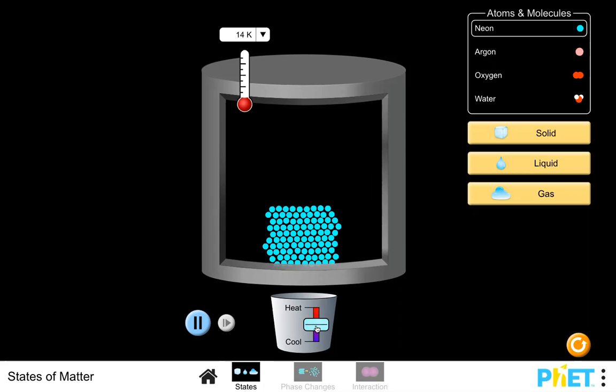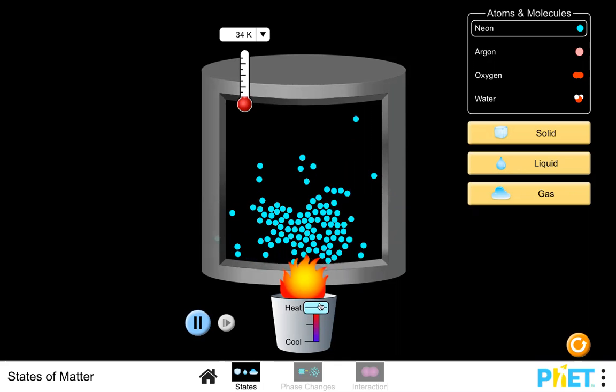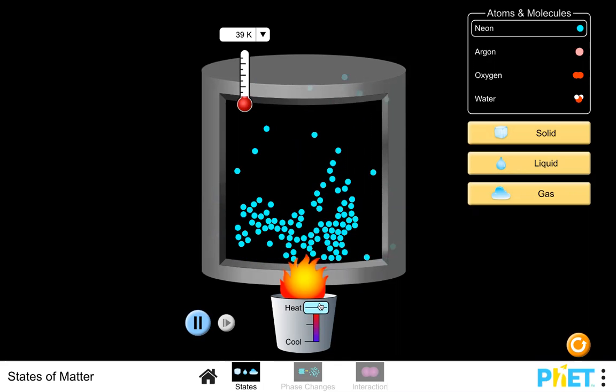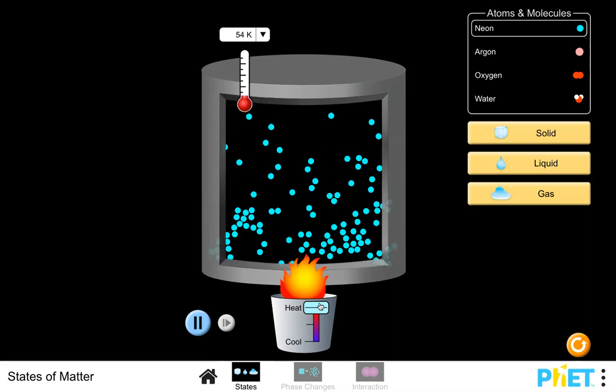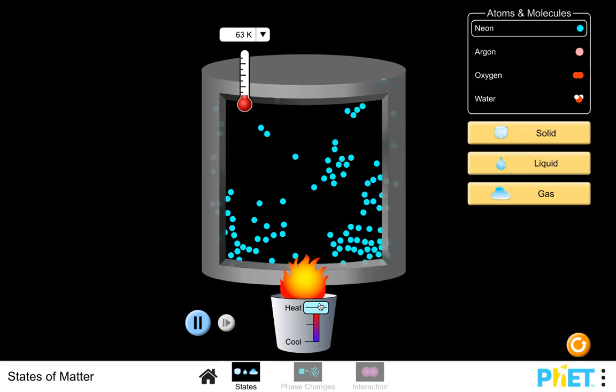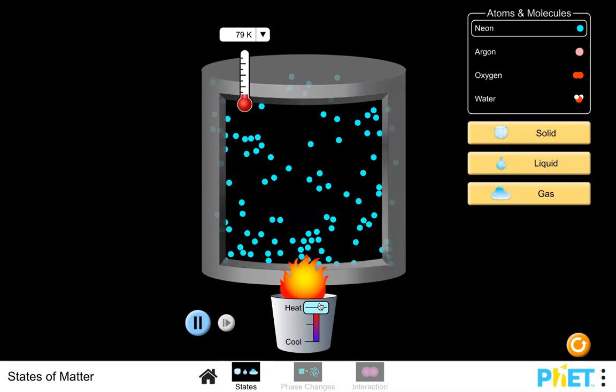When you increase the heat, let's increase the heat, you can see it's moving rapidly, right? If the container is closed, you can see now it is like 50 Kelvin. This is acting as a gas, moving here and there.